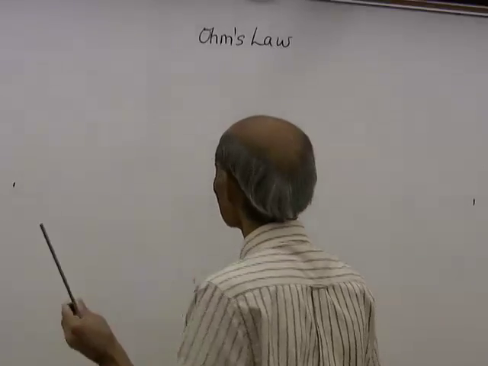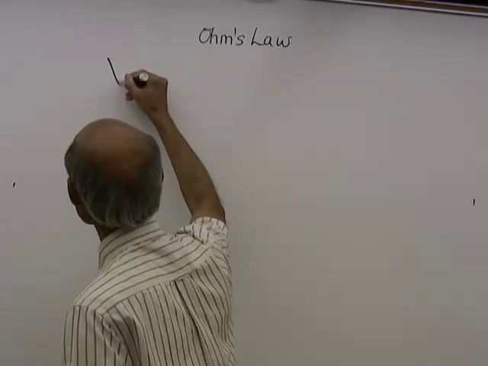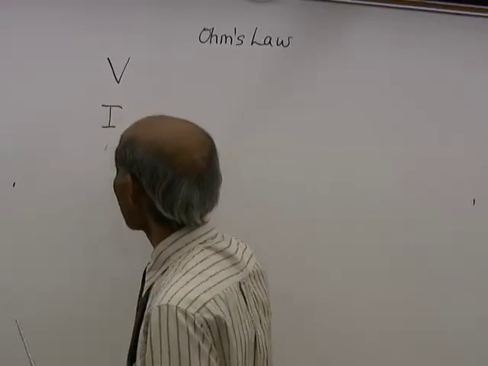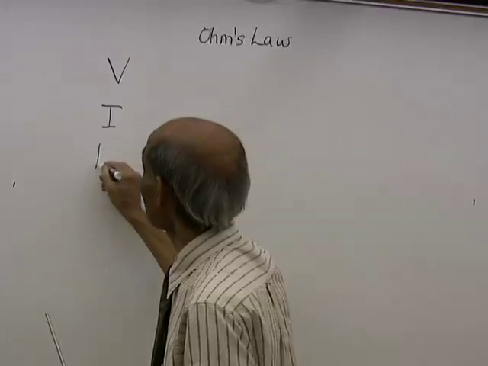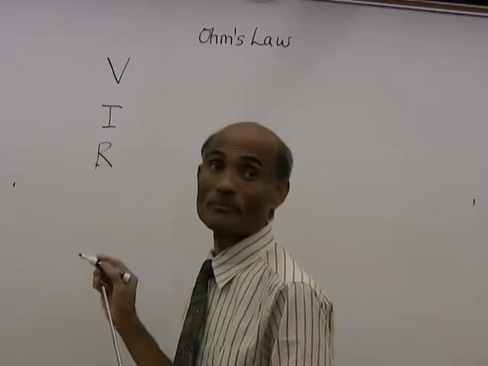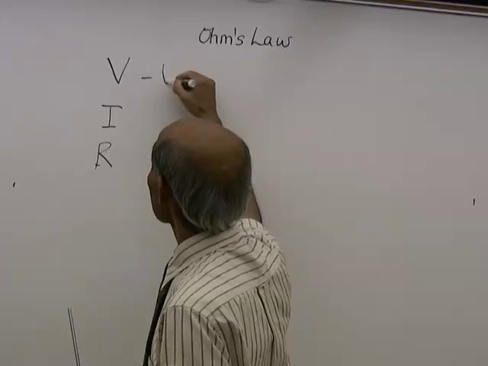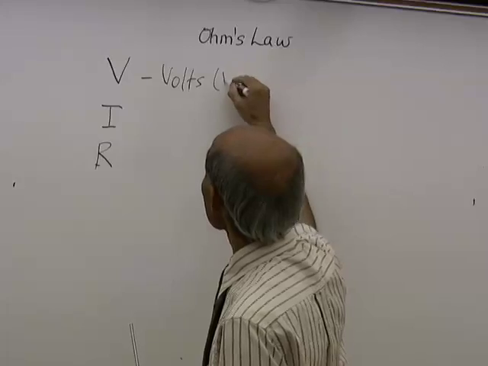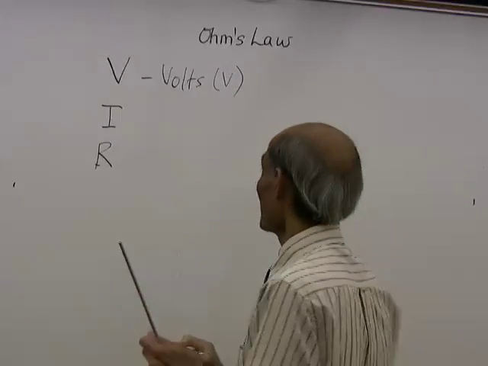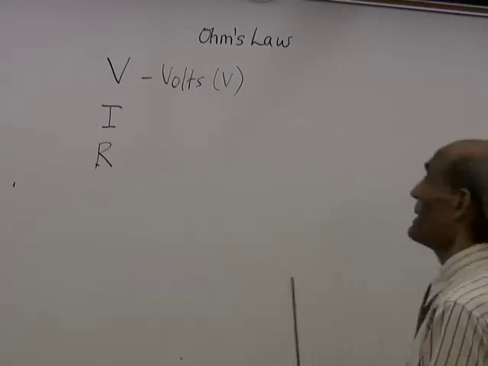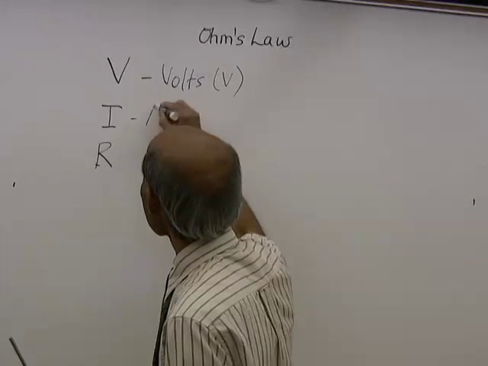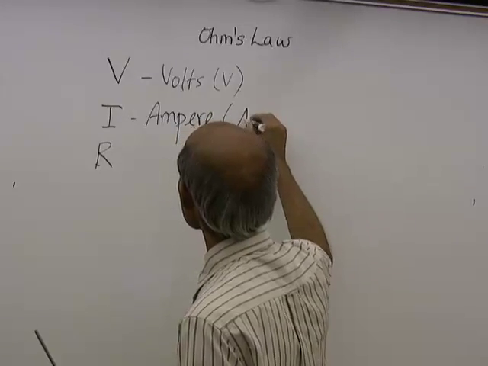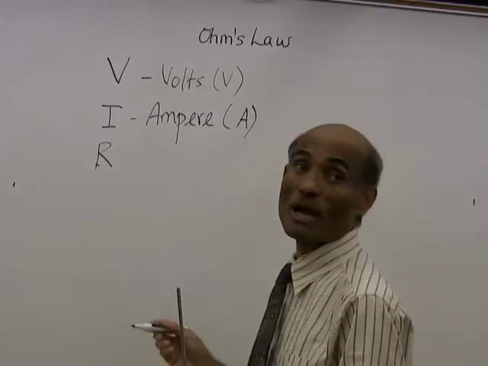Potential difference we will represent by the letter V, current by the letter I, and resistance by the letter R. Potential difference is measured in volts, and volt is V. Current I is measured in a unit called ampere, and we will use uppercase A for ampere.